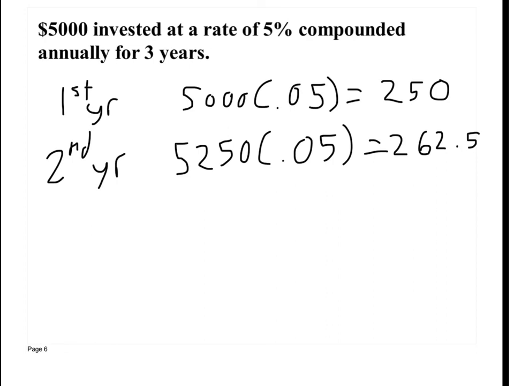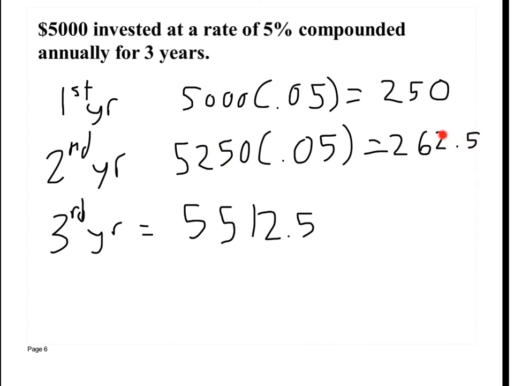But I have to do it for a total of 3 years. So my third year, my initial principal for year 3 is this, 5,512.50. I take my principal from year 2 plus my interest from year 2 and combine it. That gives me my principal for year 3. Take that times 0.05, which gives me 275.63, which I then add to my principal from year 3, 5,512.50.